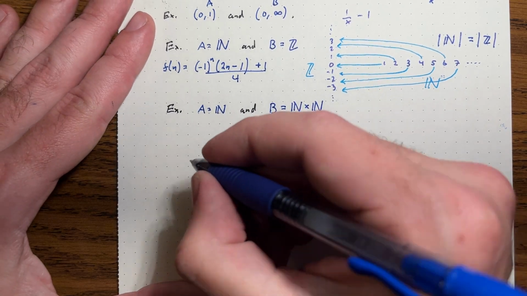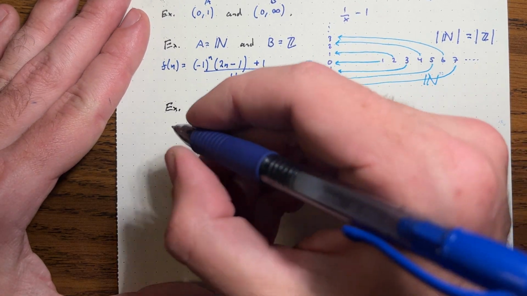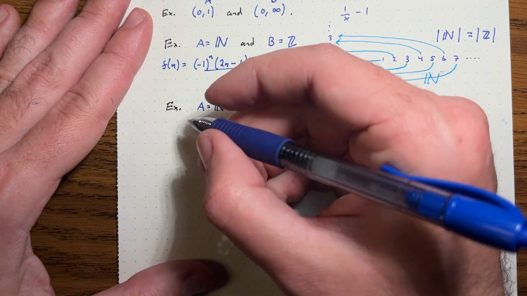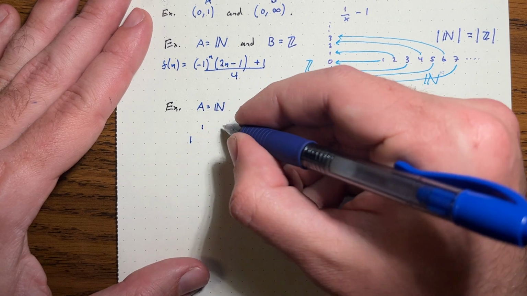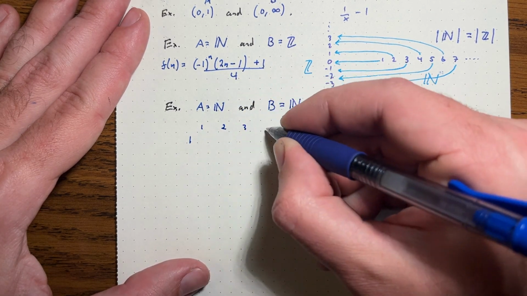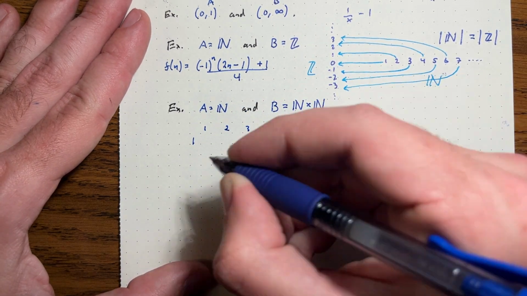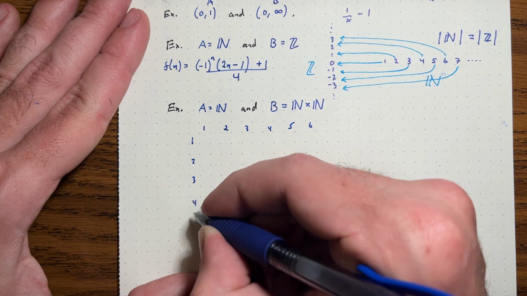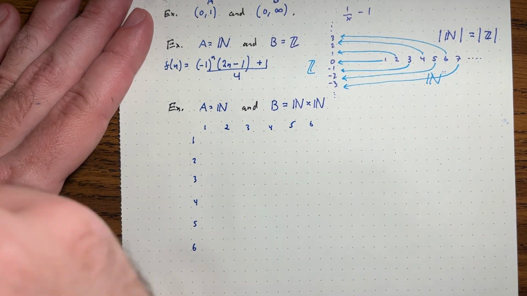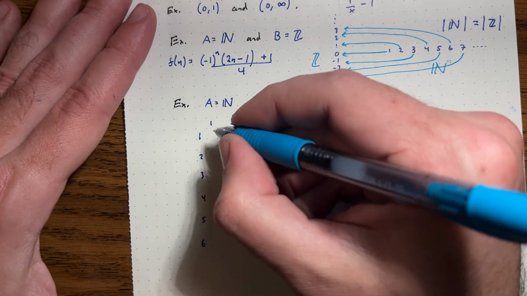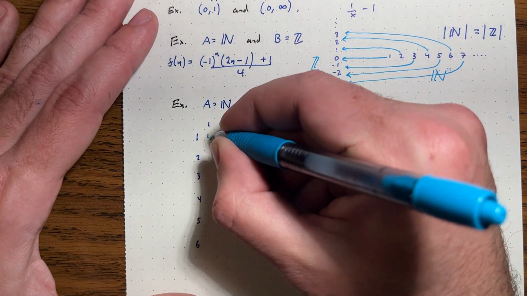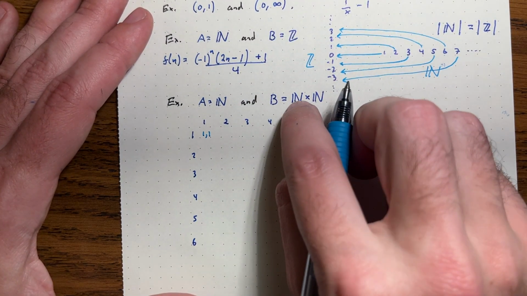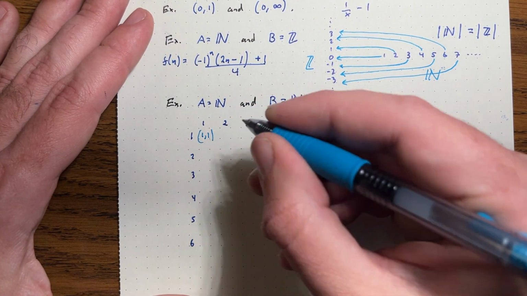So here's what I mean. You have like 1 and 1. Here, let me do it like this. 2, 3, 4, 5, etc. So take either one of these to be your natural numbers. I just want to draw out all the pairs. So I have 1, 1. I'm going to draw out elements in B. So you have 1, 1, is an element.